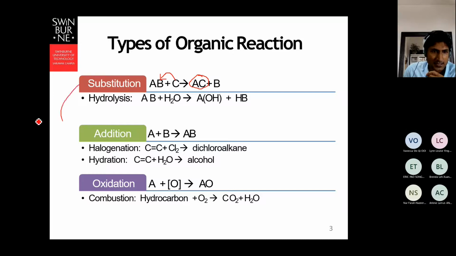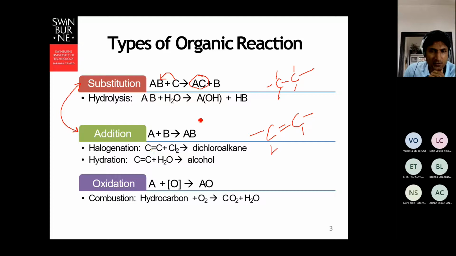So the difference between substitution and addition lies in alkane versus alkene. If you remember, alkane means there is no carbon-carbon double bond. There is always a single bond. It is saturated. Alkene has a carbon-carbon double bond, so there is a double bond between carbons.